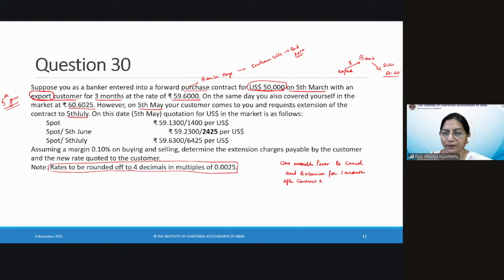So he's coming on 5th May. So the extension will be required after 1 month of the contract date. That means 5th July. So new rates will be offered for 5th July.